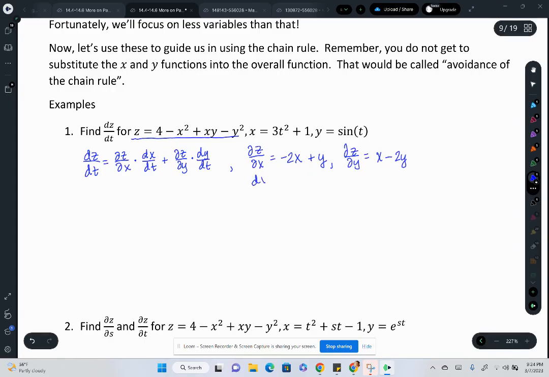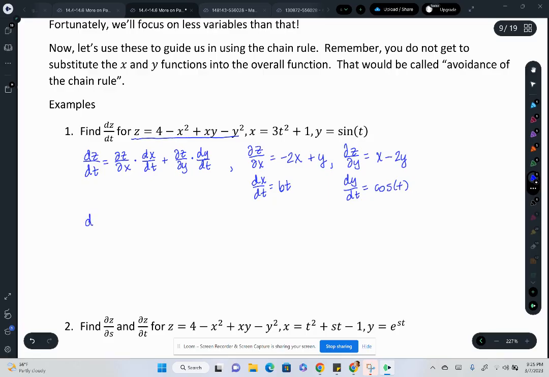Now I also need dx dt. x is 3t squared plus 1, so dx dt is just 6t. And then I need dy dt, and y is sine of t, so dy dt is just cosine of t.